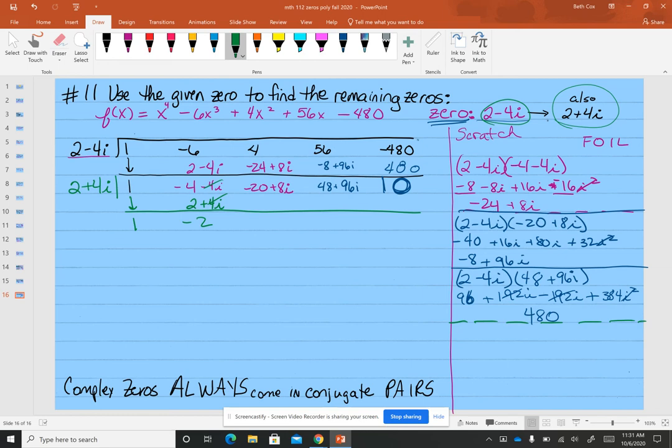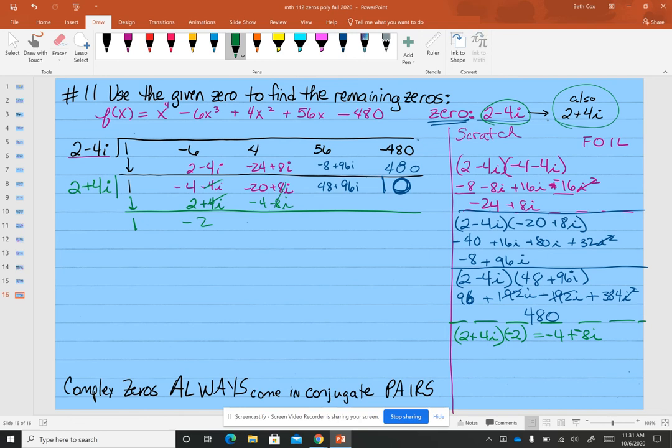Much nicer. So then I'm going to have to do 2 plus 4i times 2. Well, this is just a distribute. And I can almost do this in my head. That's 4 plus 8i. No, it's not. It's negative 4 minus 8i. There we go. Negative 4 minus 8i. Okay, I do have it worked out already.